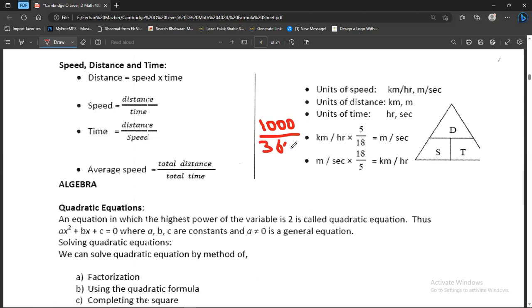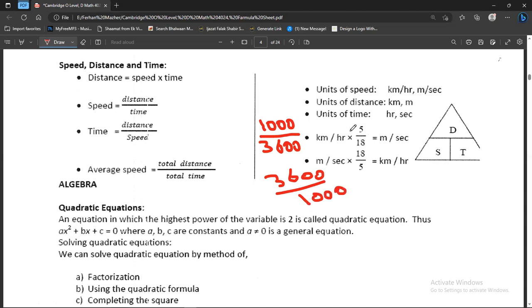So it will be converted into meter per second. If you want to convert meter per second into kilometer per hour, you multiply it by 3600 and divide it by 1000 and it will be converted into kilometer per hour.